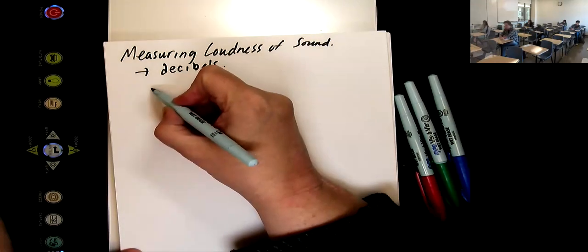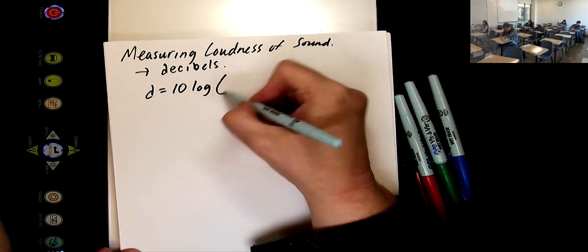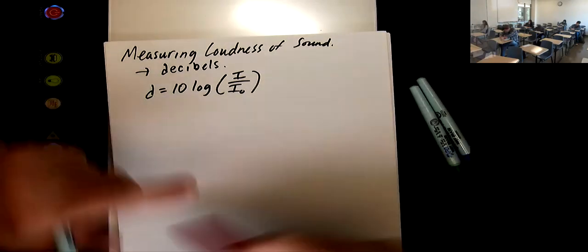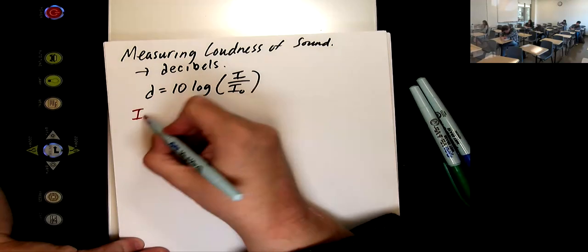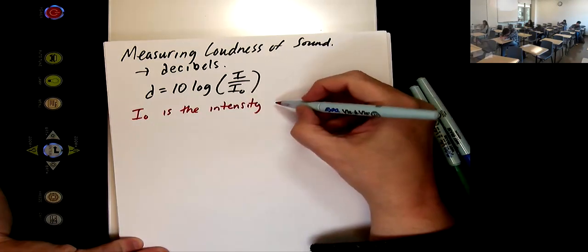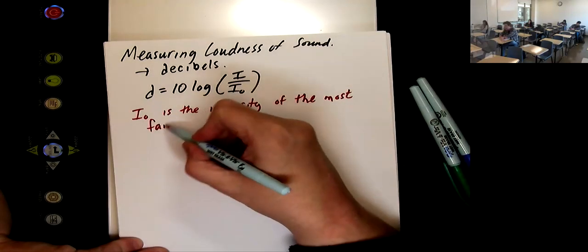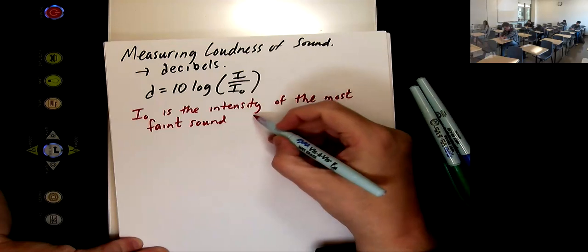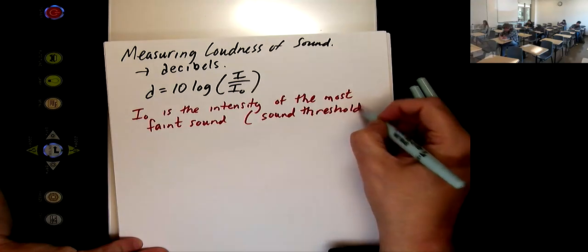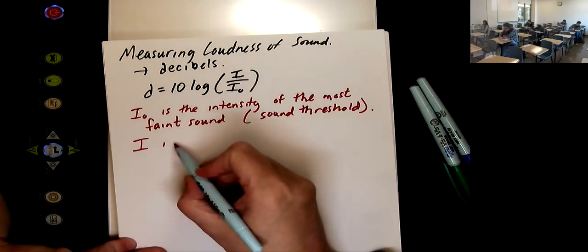We usually have the decibel D is 10 times log of I over I0, where I0 is the intensity of the faintest sound that you can hear, or some sound threshold. And I is the intensity of the noise that you're listening to.